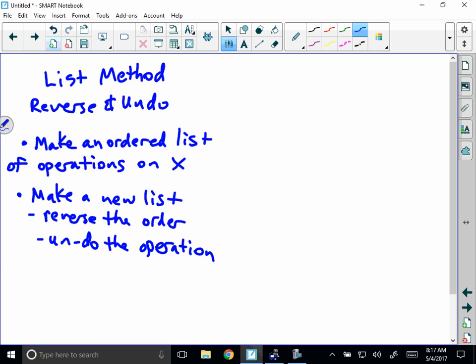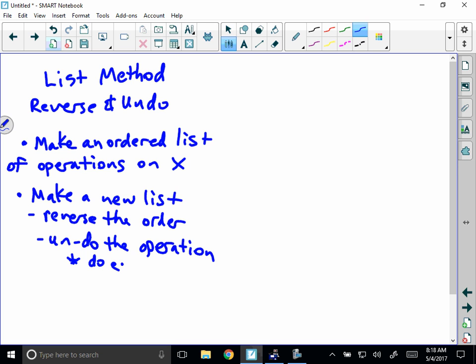So what operation undoes adding? Subtracting. What operation undoes multiplying? Dividing. What operation undoes cube rooting? What undoes cube rooting is cubing something. A couple of words of caution on this.